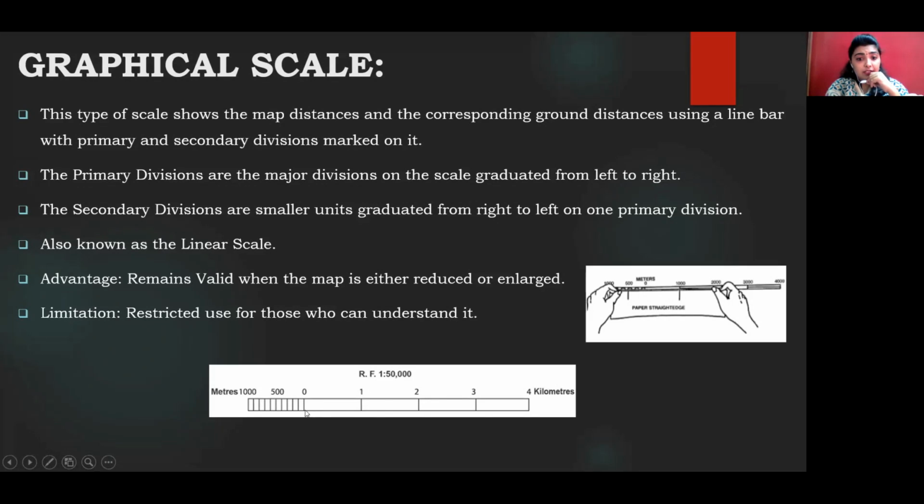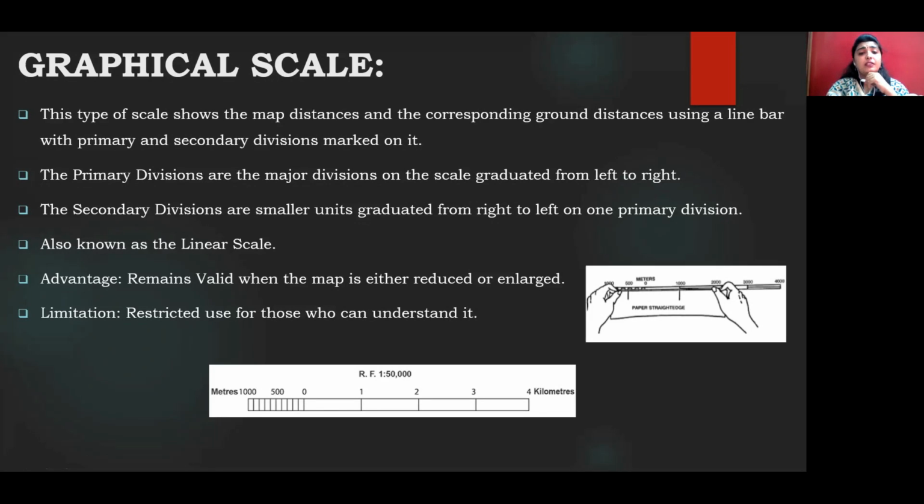Now what will I do? I will start counting from the right. So this line, then this line, this line, then this line. Say it comes exactly at the midpoint. So it becomes 1 kilometer and 500 meters. So I call it 1.5 kilometers. So it becomes easy this way.